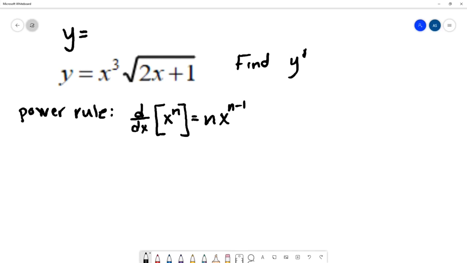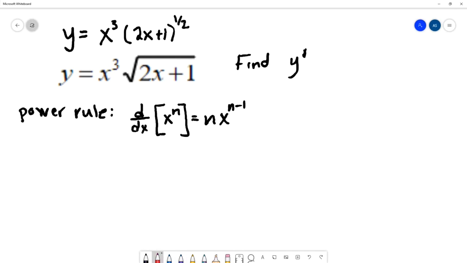So this is y equals x cubed, and that square root is the same thing as the 1/2 power. So this is going to be 2x plus 1 to the 1/2 power. Because we have a power there, that's another indication that we might be using the power rule.